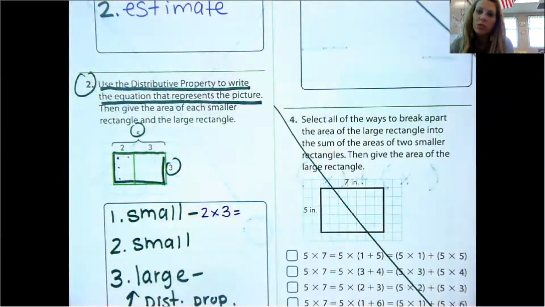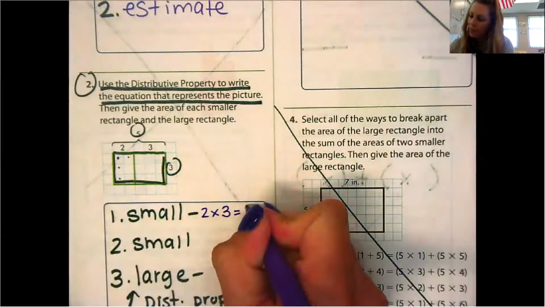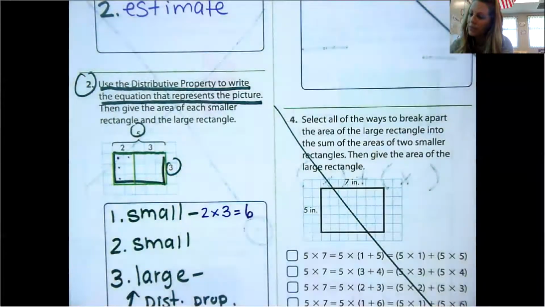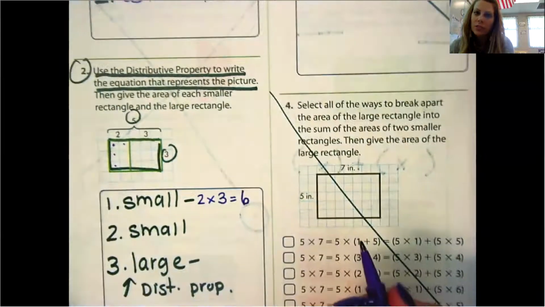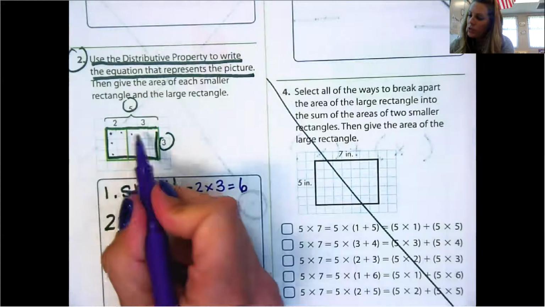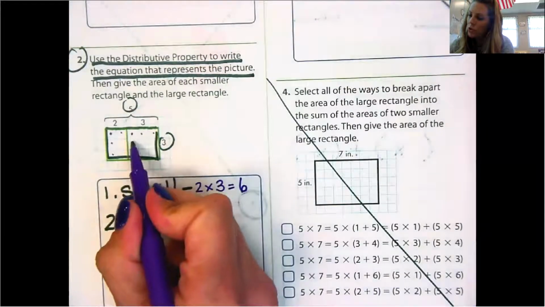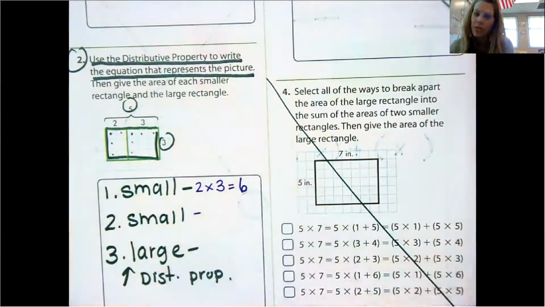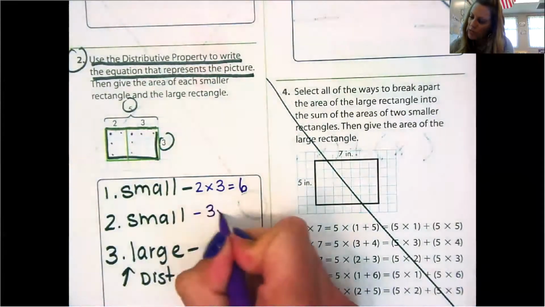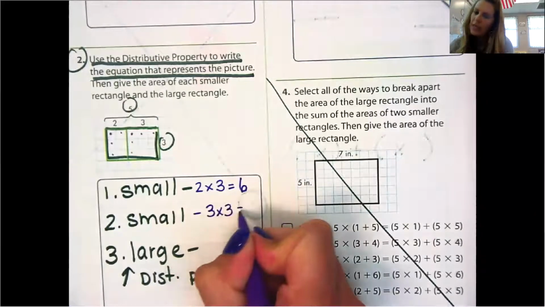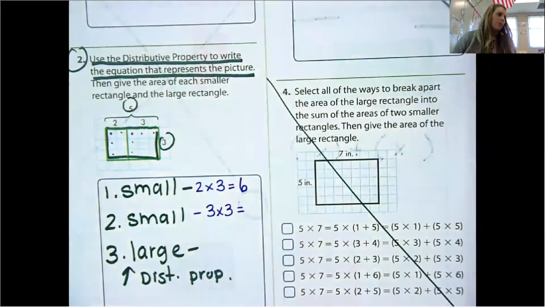So 2 times 3 I know equals what? 6, right? So then I look at my other small one, and I have 1, 2, 3, 1, 2, 3.